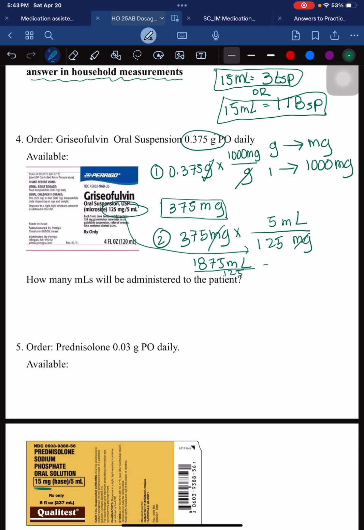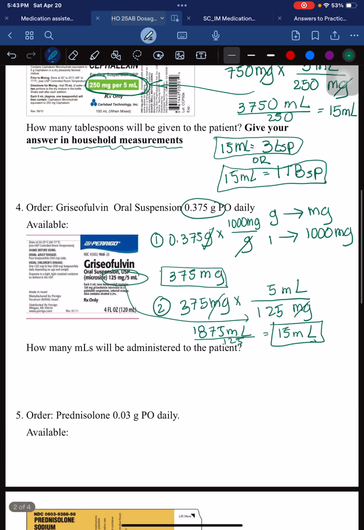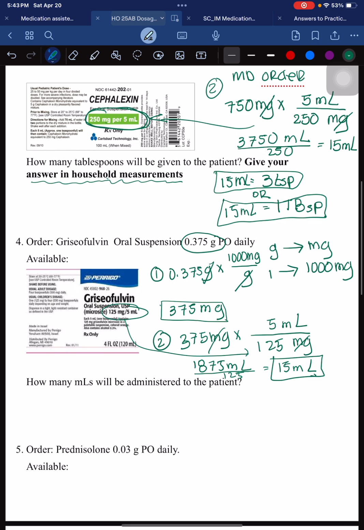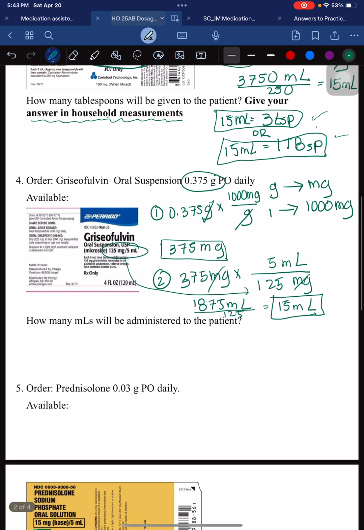Again, that will leave me 15 ml. At this point, it's not asking me for the household measurement like this one, so I can leave it at 15 ml. But if it asks me for a household measurement, then I would have to convert it into either a teaspoon or tablespoon, just like the problem above.